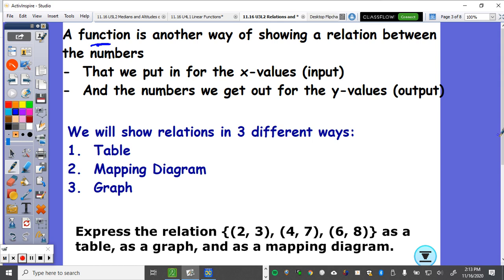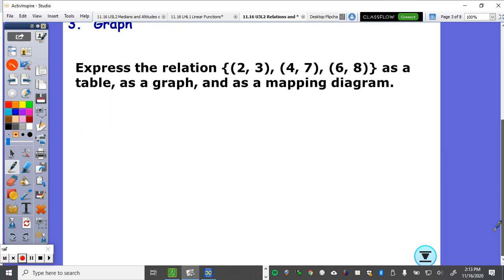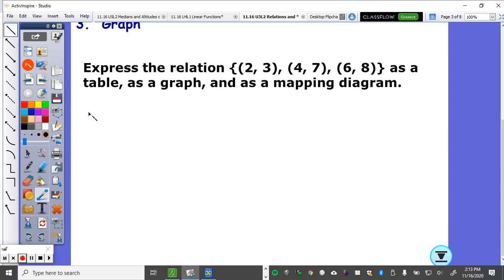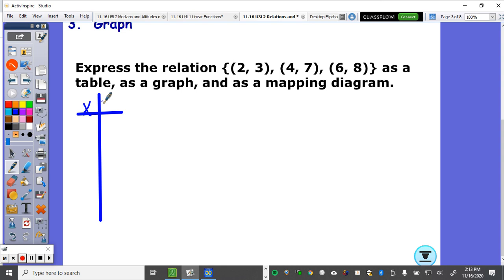So let's look at this. We have three ordered pairs or three relationships. This y depends on this x. This y depends on this x. This y depends on this x. As a table, we're going to set this up as our x values and our y values.